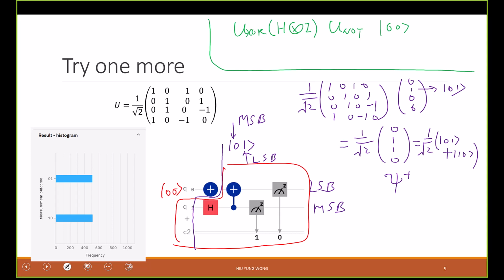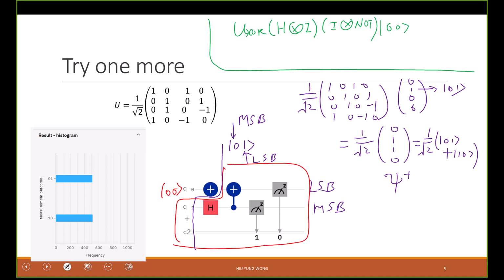MSB is on the left or right? So what would be the final expression? Excellent. Thanks to him, everyone needs to be very careful about this.